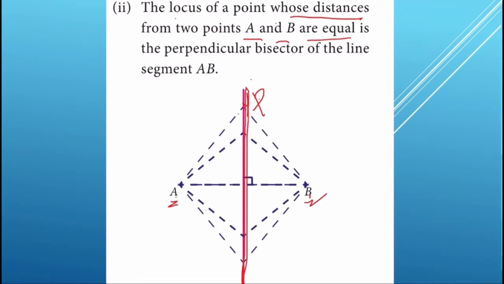So when point P moves up and down, it is the perpendicular bisector for the line segment A and B. So this is only the locus. The perpendicular bisector is called the locus of the point.